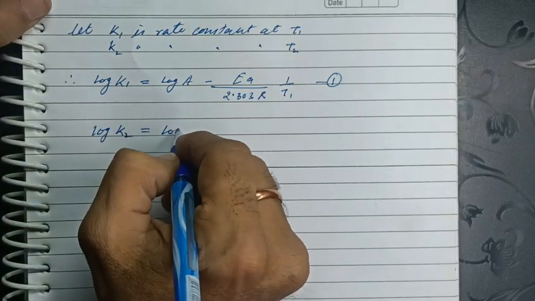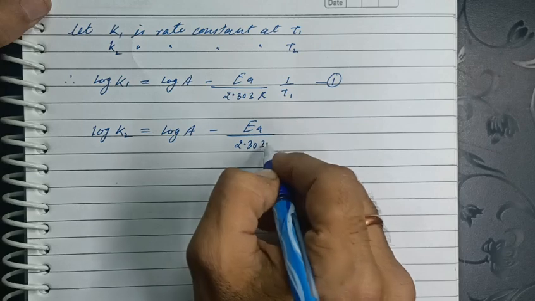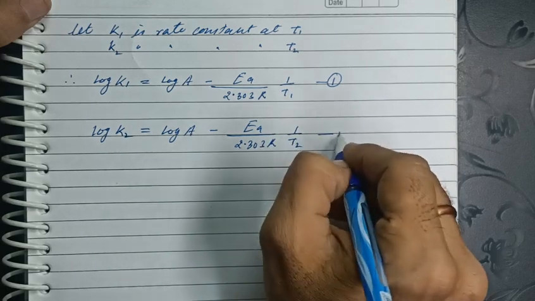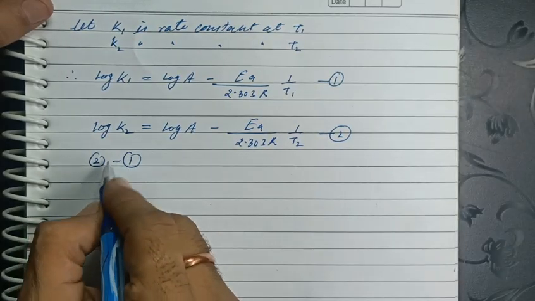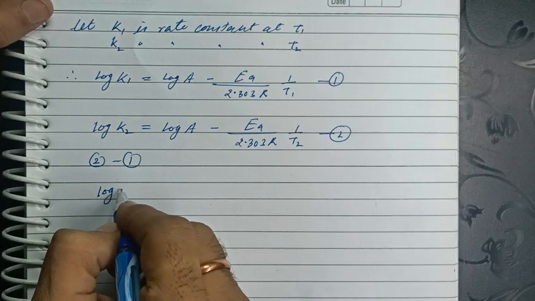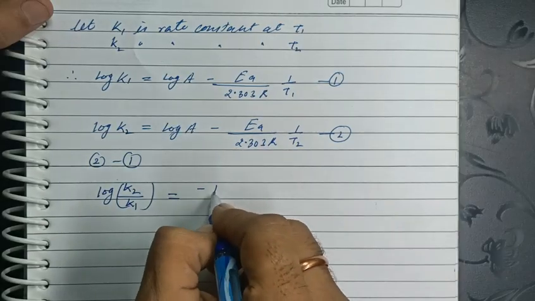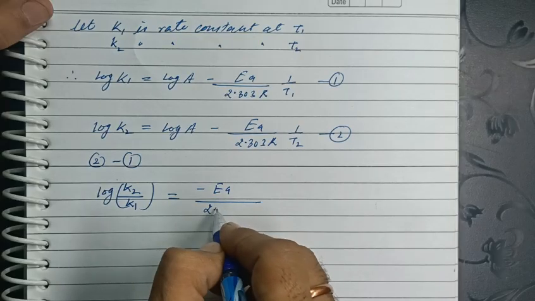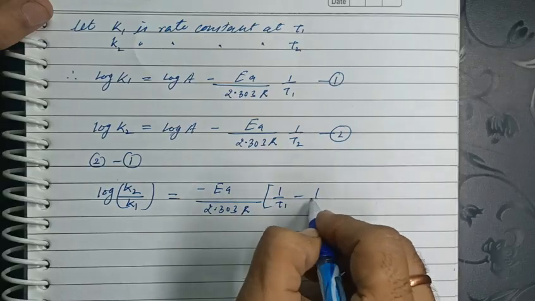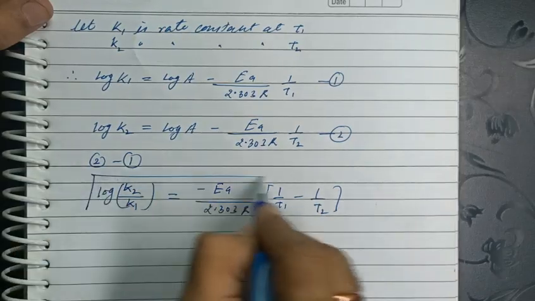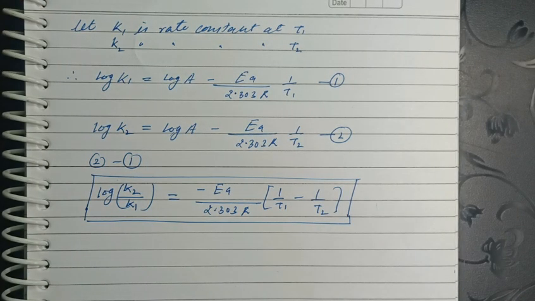Log K2 is equal to log A minus Ea upon 2.303 R into 1 upon T2. Second minus first. Log K2 minus log K1, it becomes log K2 upon K1. Log A cancel. Taking minus Ea upon 2.303 R common, we get 1 upon T1 minus 1 upon T2. This is the final equation.